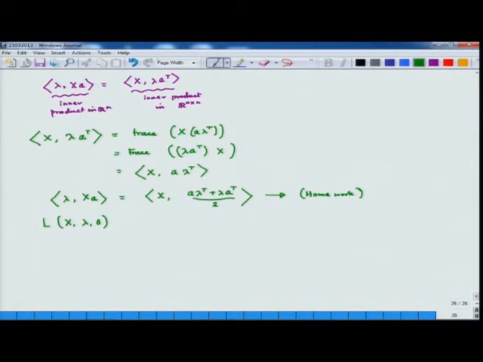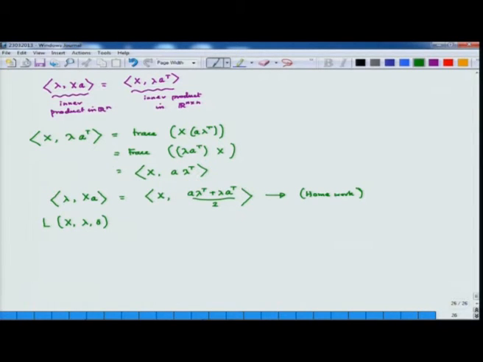We are already taking this whole thing to be true, because now x is equal to x transpose. So we are now taking only symmetric matrices. My problem is of this form, that I only have to bother about symmetric matrices.